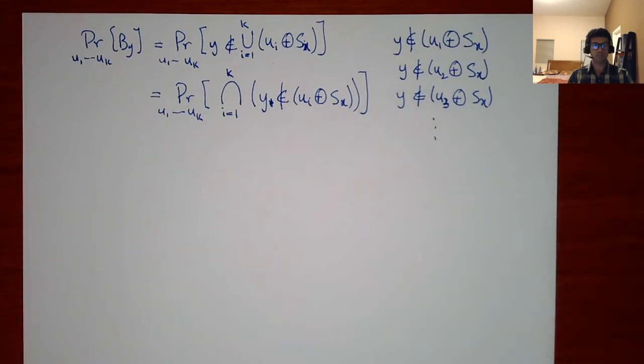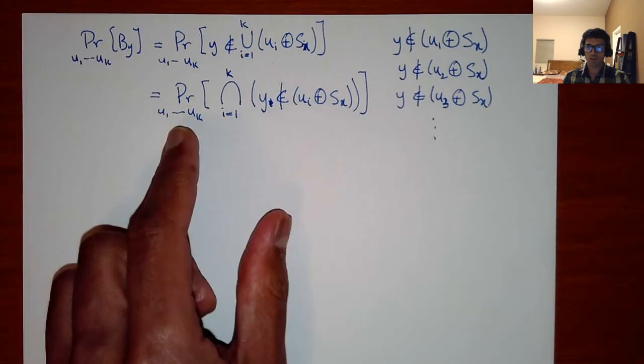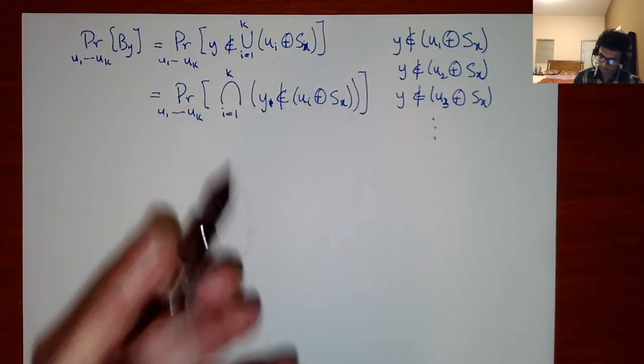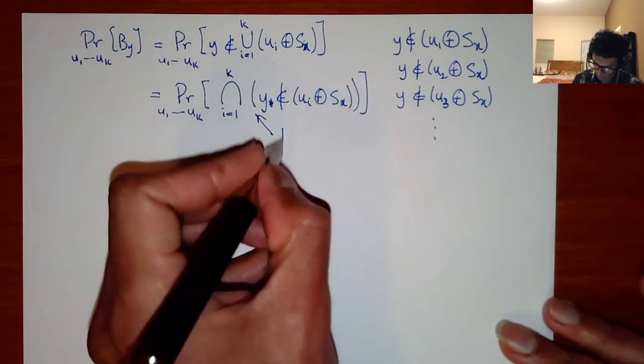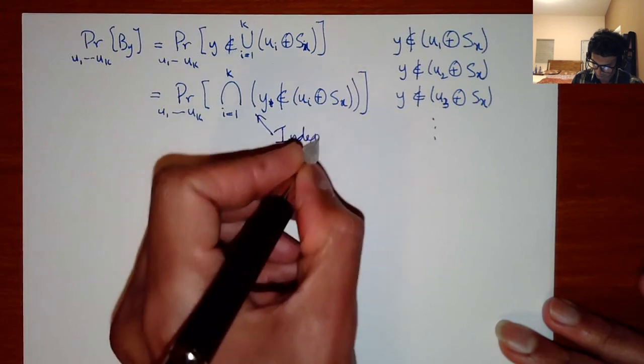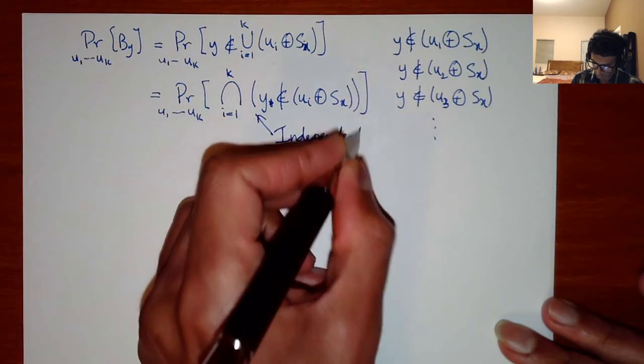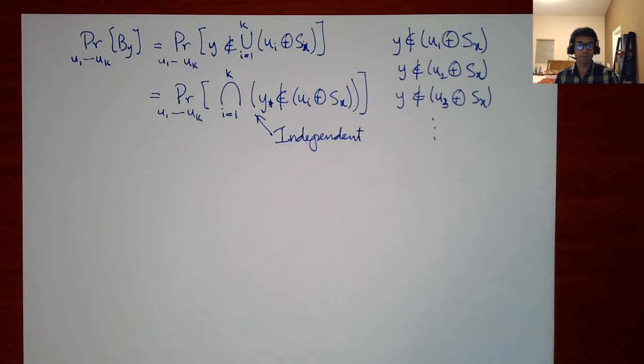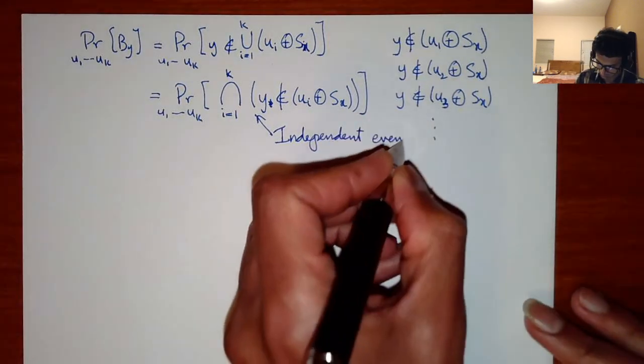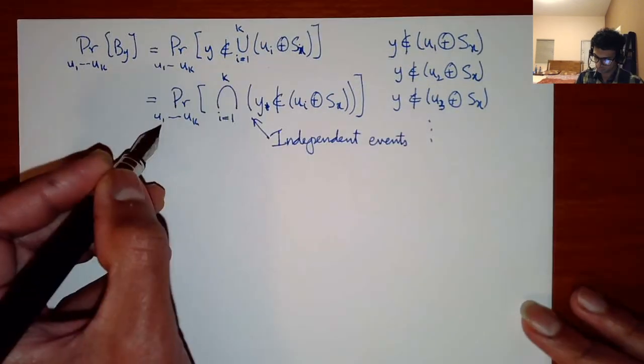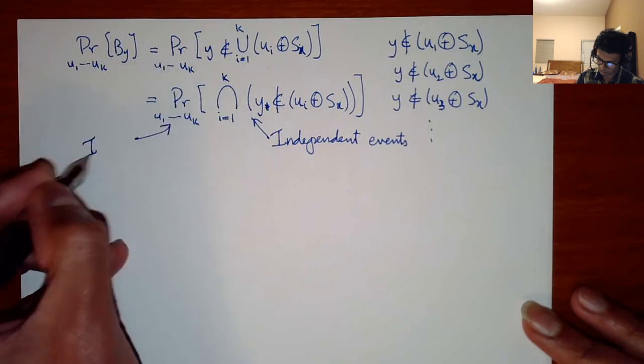Y is not present in the u1 shift, it's not present in the u2 shift, not present in the u3 shift, and so on. These are all independent events, because this is all chosen independently.